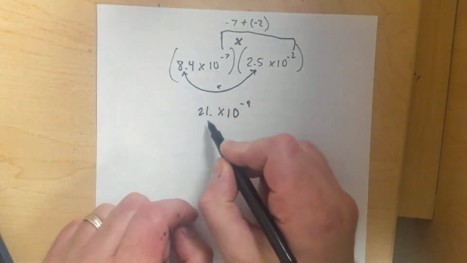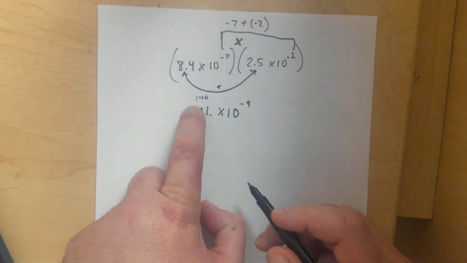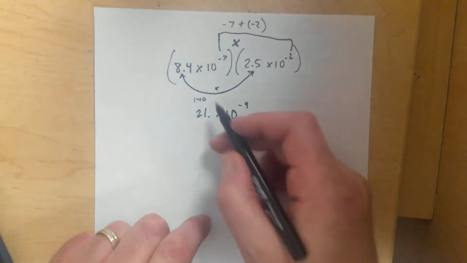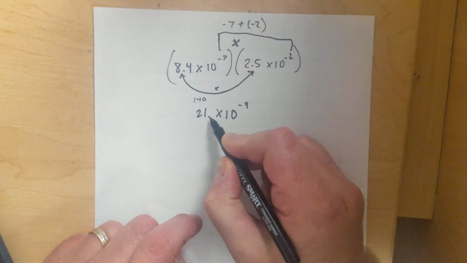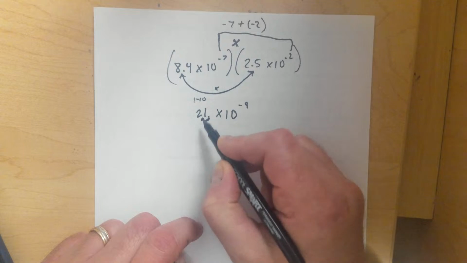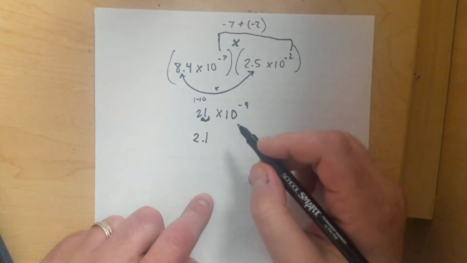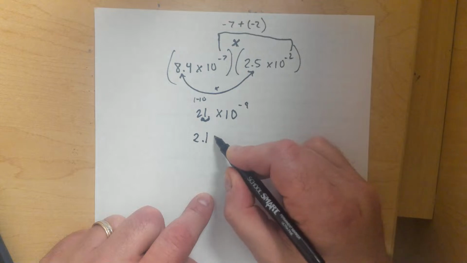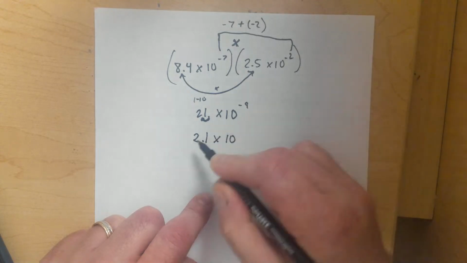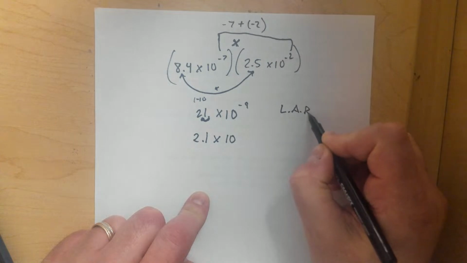Our first number is larger than 10. Remember, in scientific notation, our first number can't exceed 10. So we're going to move our decimal, which is right here, over one place. By moving it over one place, our first number now is 2.1 times 10. Now, let's refer to Lars, our good friend Lars.